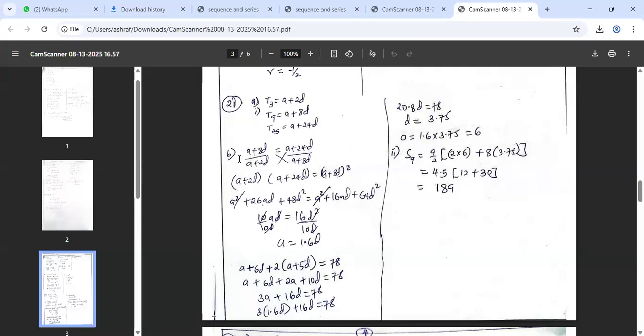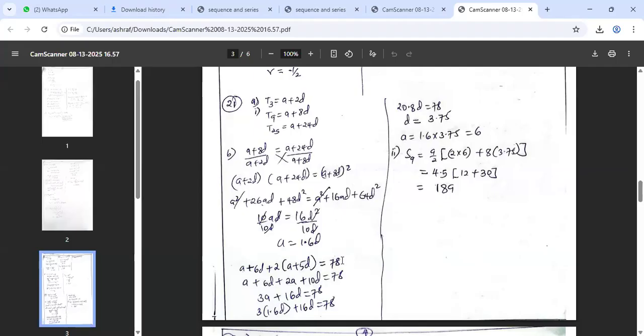Then we just cross multiply and collect like terms. If you cross multiply and collect like terms, you get 10AD is equals to 16D squared. Then we've divided both sides by 10D to make A the subject. So A is equals to 1.6D.